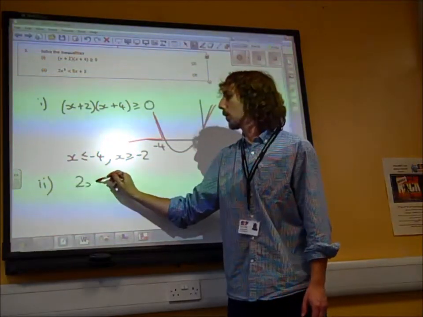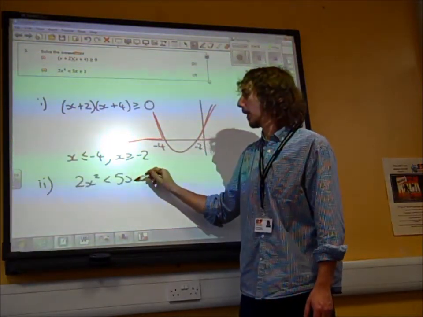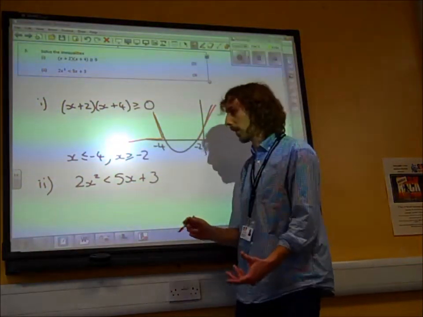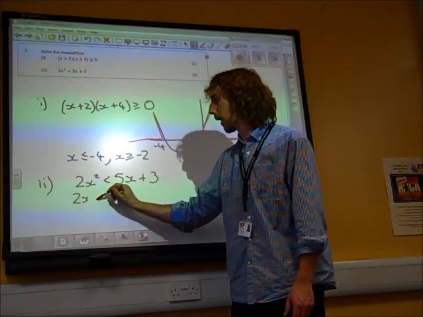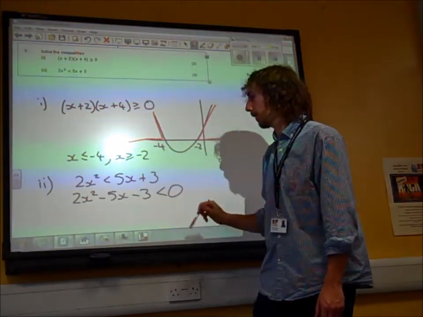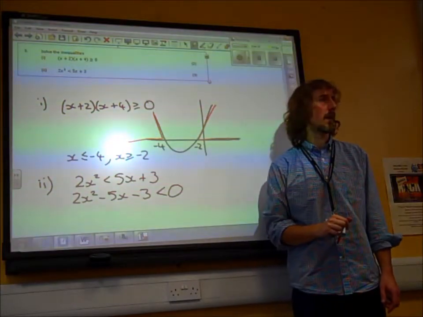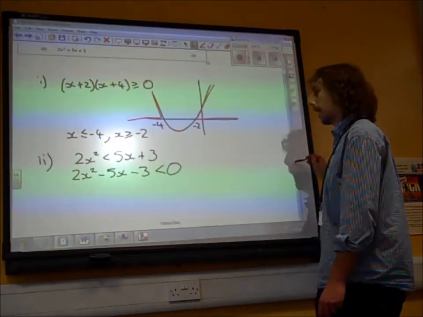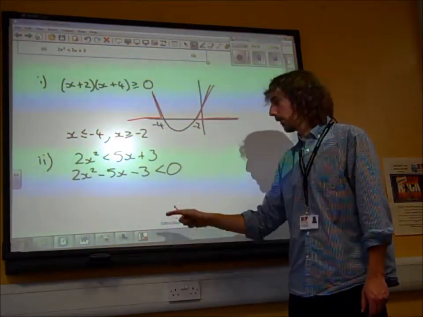This one, we can't deal with it yet as it is. We need to write it as a quadratic first, in the form ax squared plus bx plus c. So let's take everything over to the left-hand side. It'd be nice if we could factorise this, and I don't mind how you want to go about doing this.